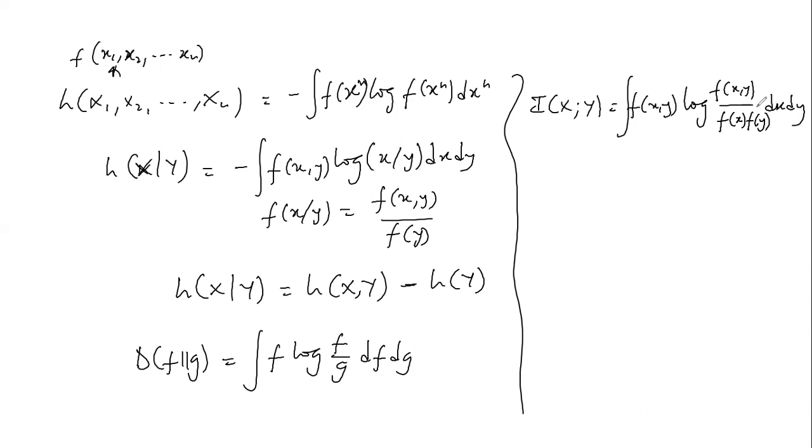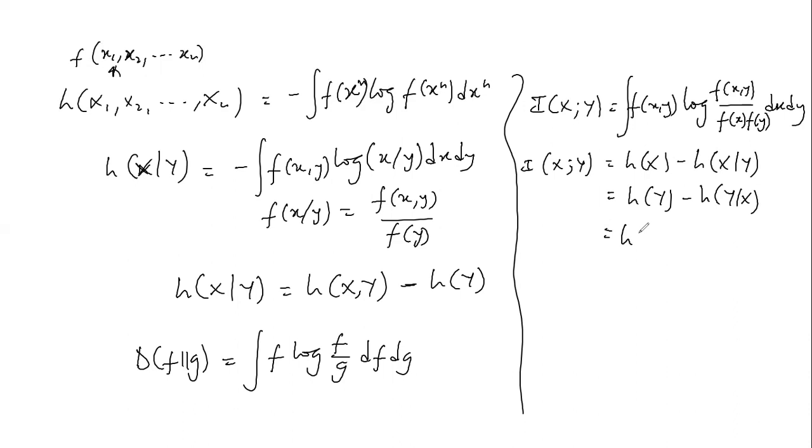And then by chain rule, we already know that the mutual information is given as the difference between the source entropy and the conditional entropy, the equivocation. It's also the same as the difference between the output entropy and the conditional entropy.